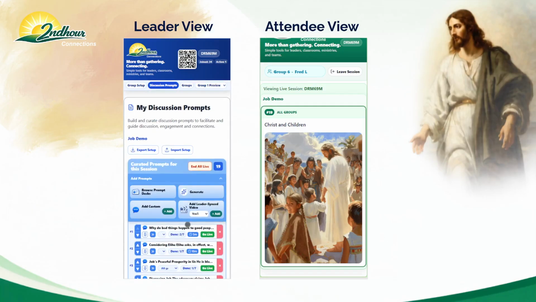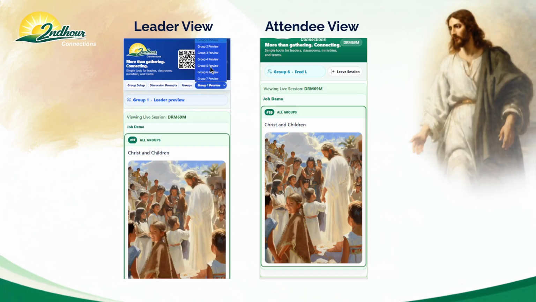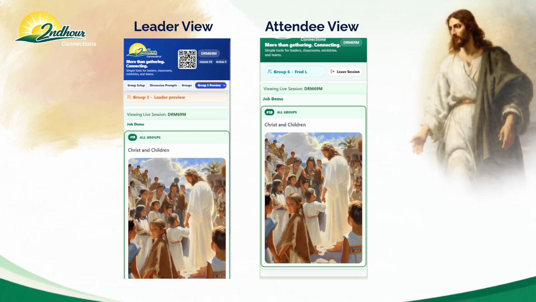I hope that gives you an idea of how this works. From the leader view, I can see a preview of what my groups are seeing at any point in time. Okay, I hope that helps.